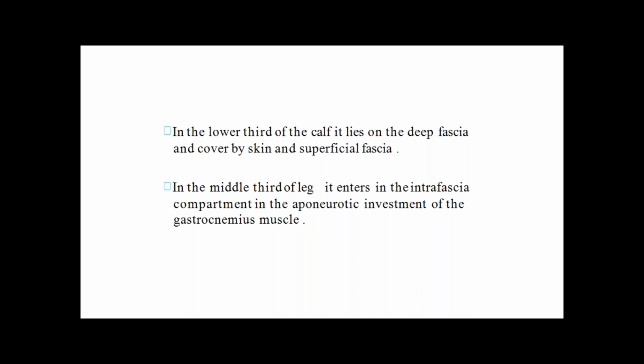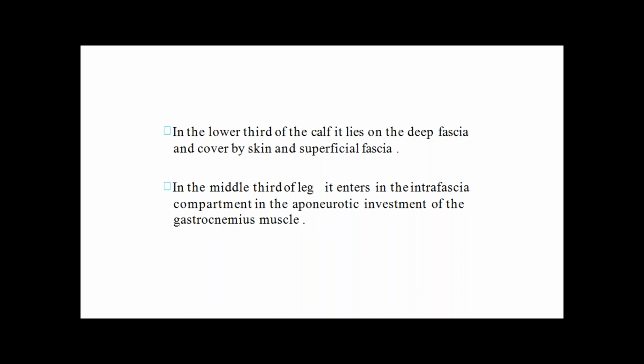So what is the course of the short saphenous vein? In the lower one third of the calf, it lies on the deep fascia and is covered by skin and superficial fascia. Whereas in the middle third of the leg, it enters the intrafascial compartment of the gastrocnemius muscle, that is the aponeurotic investment of the gastrocnemius muscle.